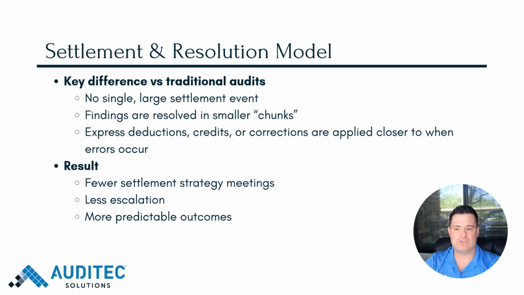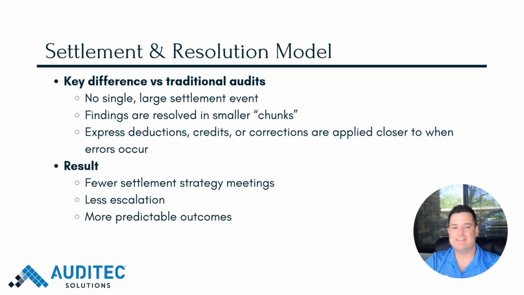As I've already mentioned, there's no single large settlement event that happens at the end of this audit because we're working through the issues month by month as they're seen. That is big. If you've done contract compliance audit work in the past, you know what I mean when I say it's a challenge to go back and settle 3 years of findings.